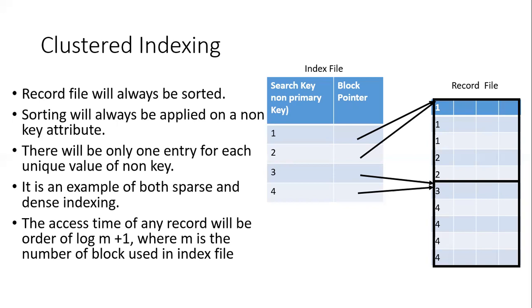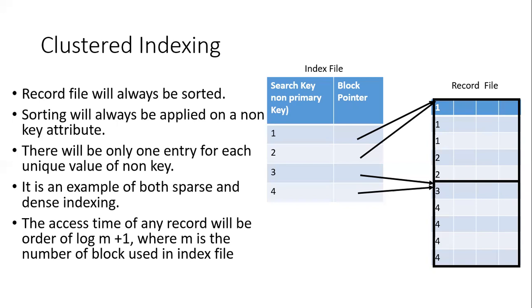This means that every index entry will point to the base address of a block, and the block must have a record having that non-key attribute value.